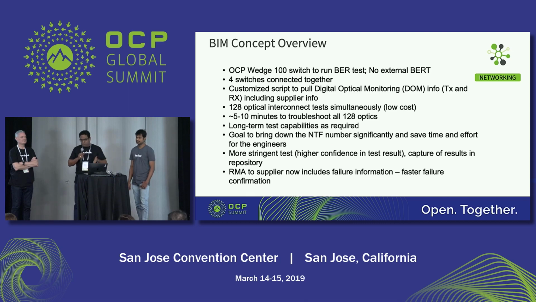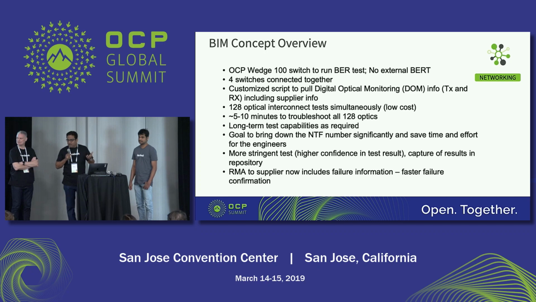These 4 switches we can connect internally, and we can take 128 optics, because there are 32 ports per switch. We can troubleshoot 128 optics within 5 to 10 minutes. We can pull the DOM information, where you have TX power, RX power, TX bias, as well as the supplier information with the serial number and the revision codes. All the information we can collect within 5 to 10 minutes using this BIM methodology.